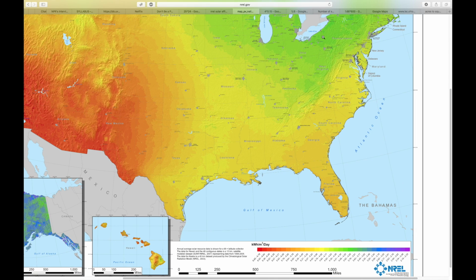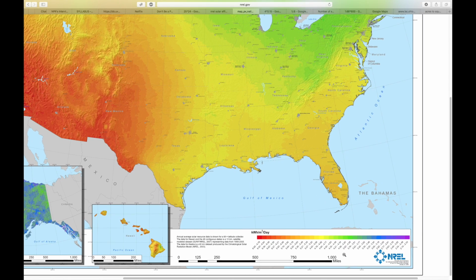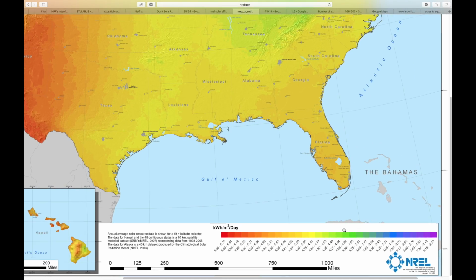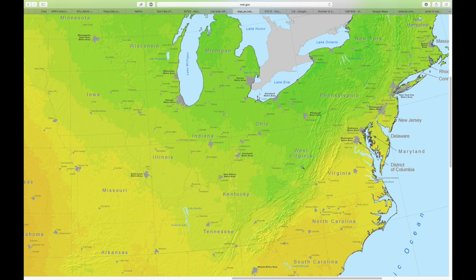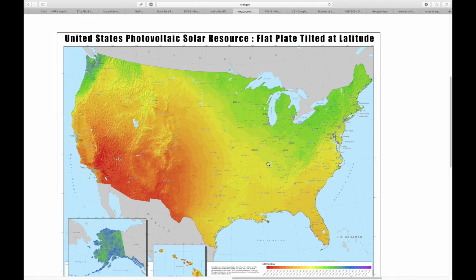So we're mostly green here, and if you look down here, the green averages out to be around 4 kilowatt hours per square meter per day. In this area of the country, 4 kilowatt hours per square meter per day.